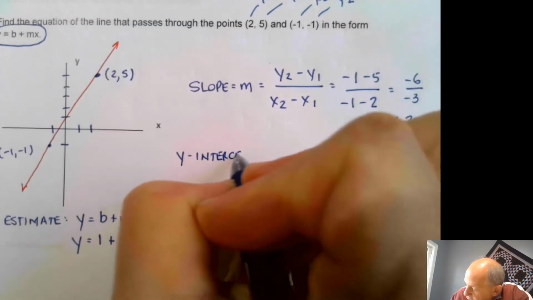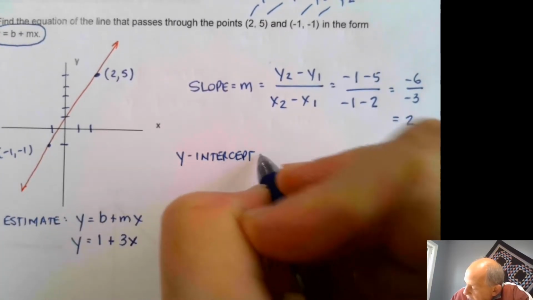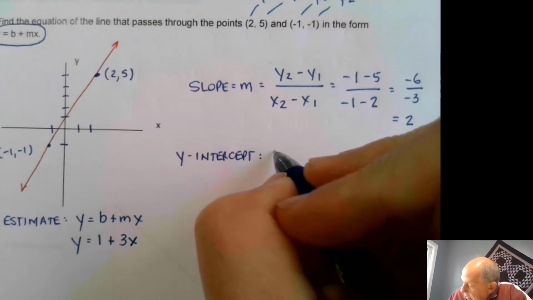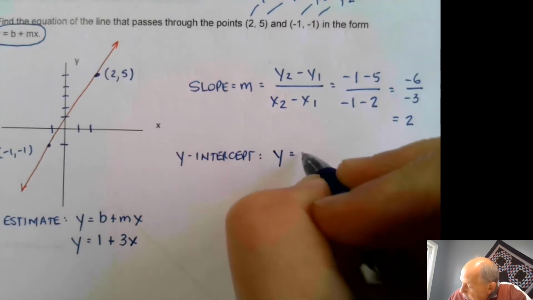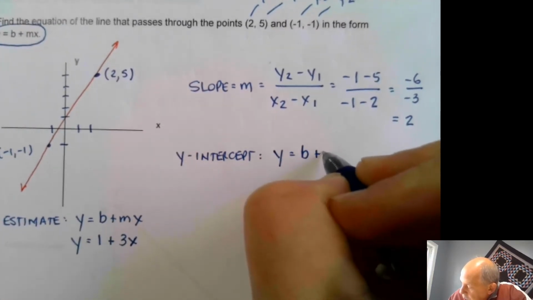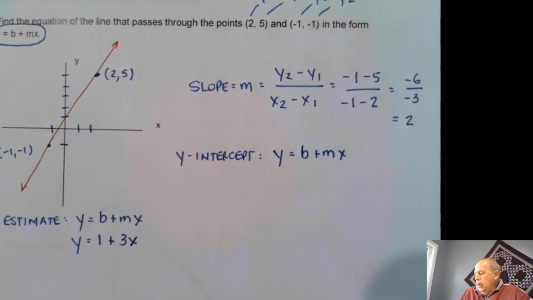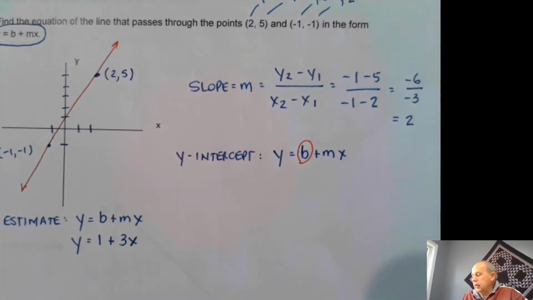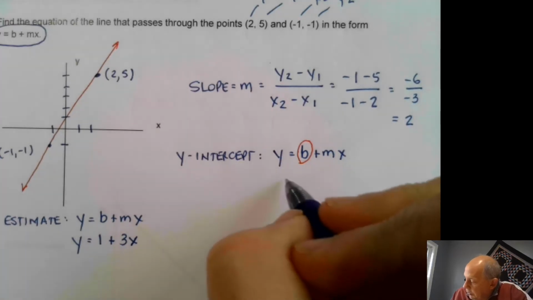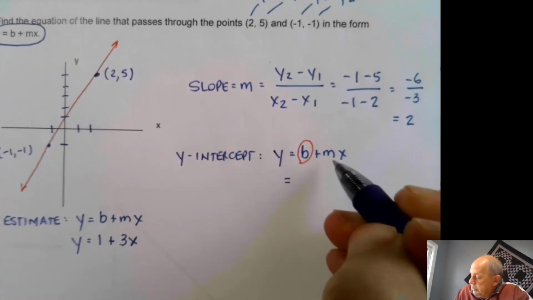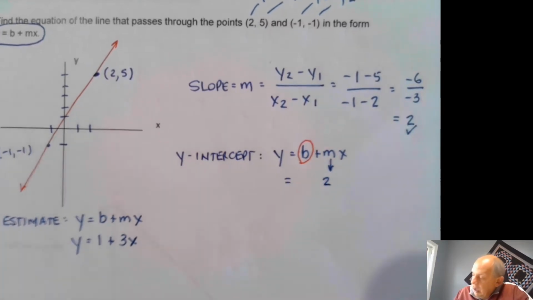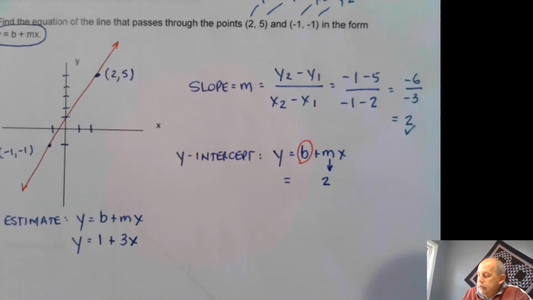Let me find the y-intercept. Where does this line cross the y-axis? Well, I'm guessing it's at 1. Let me use this equation to find my y-intercept b. That's the only thing I don't know here. I can plug in values for all of the other variables in this equation. My slope was 2, and that 2 was what I just found.